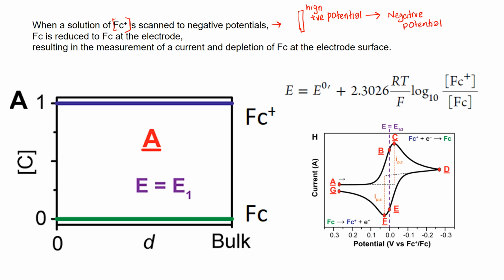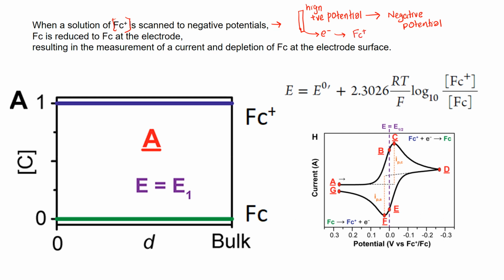That means we are applying the electric field on our electrode, and when we give negative potential, it will leave out the electron, and this electron will be accepted by the Fc plus.